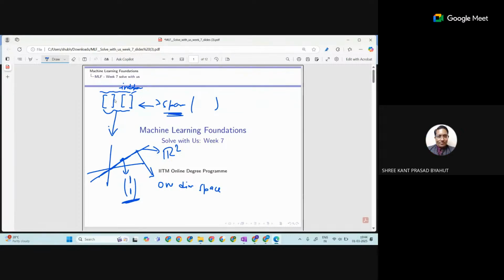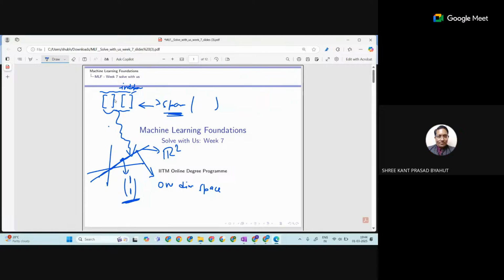So you are projecting these two vectors on this line. That is what your PCA does. You are reconstructing, meaning from a bigger dimensional space you are reducing its dimension.